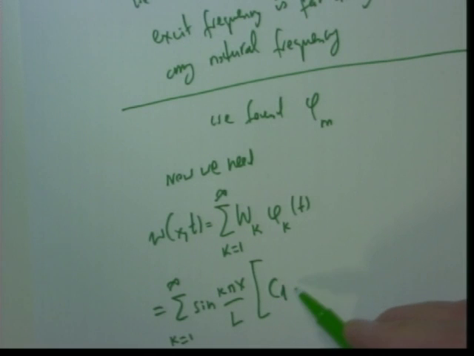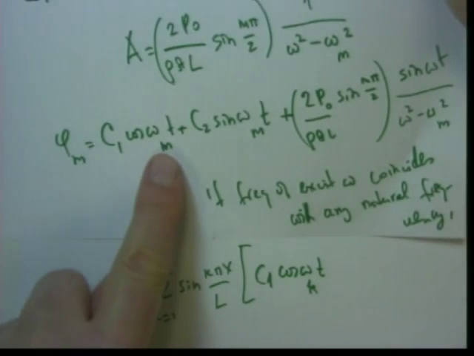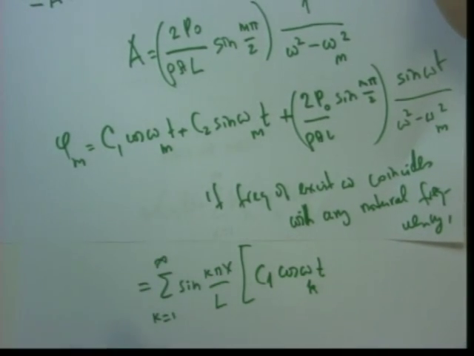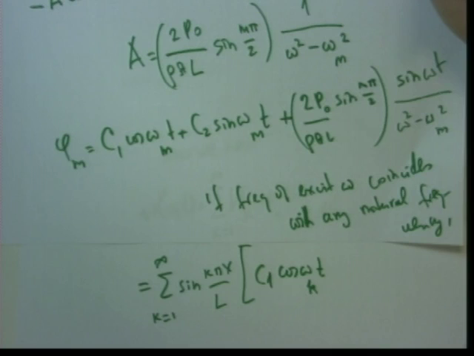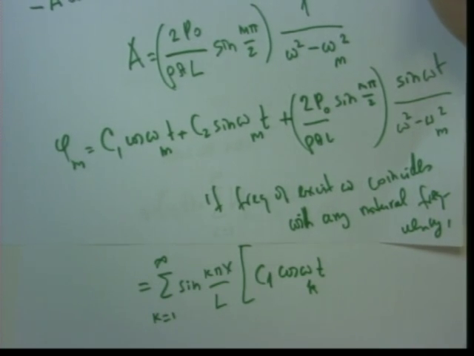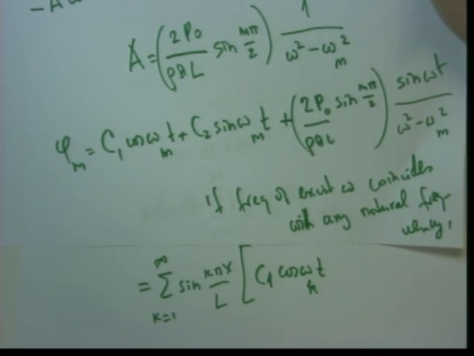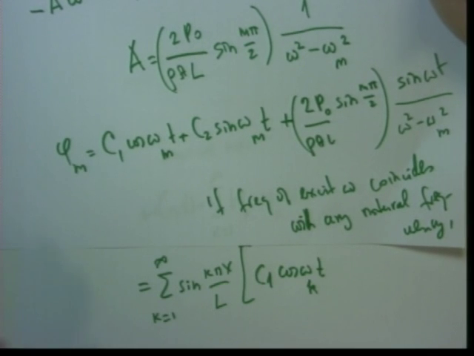Please note, I just substitute k instead of m. m was fixed, so I found it for m1, m2, m3, etc., for any m. Now I'm substituting this for general k.